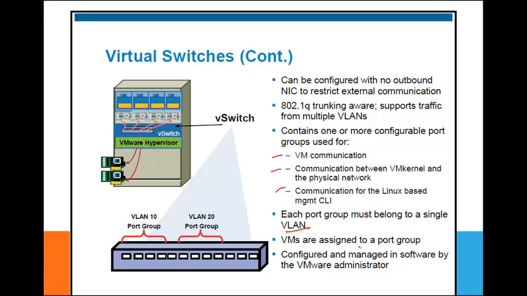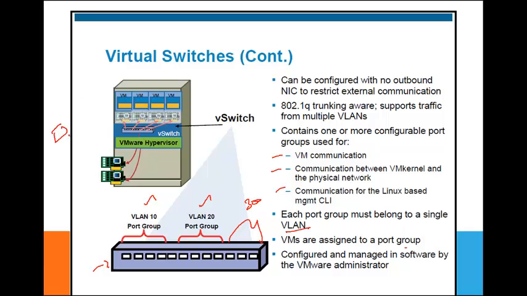VMs are assigned to port groups. So let's say these three are VMs. They are assigned to VLAN 30, and this one is for, let's say, the kernel, VLAN 10, and this is for management, VLAN 20. Because this is a virtual switch, we don't have a separate port called a console port.